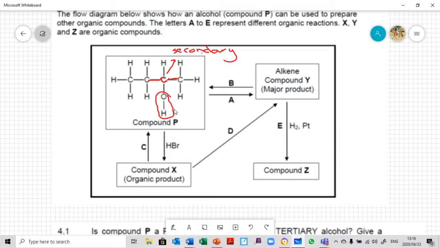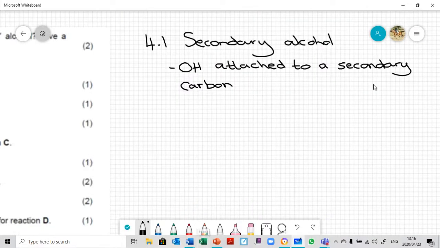Okay. So we've got the OH coming off and we've got the H coming off. So we effectively have water coming out. And what do we call it when we take water? Any elimination reaction generally starts with the word D. So we know it's got to be D something.